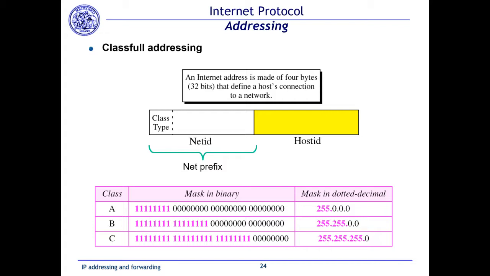Since the class can be understood by looking at the first bits, a router does not need to have entries in the routing table which also report the length of the network prefix, because the length is automatically evaluated by looking at the first bits.